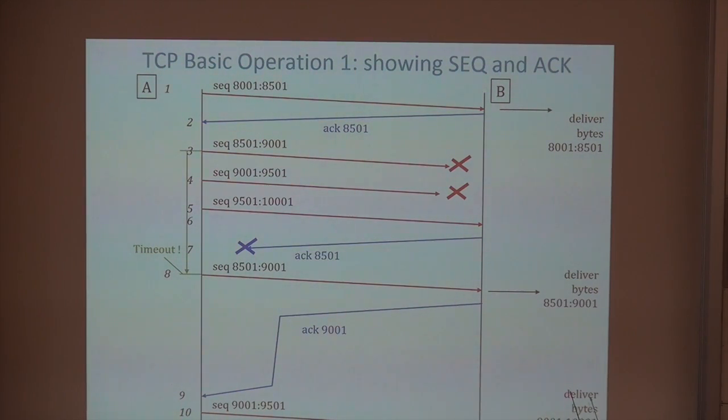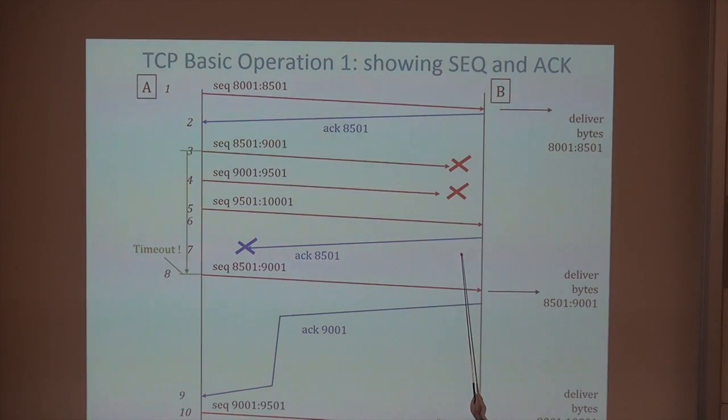This is because we wanted to simplify how to compute the length of a packet: largest sequence number minus smallest sequence number. B receives this, and will send an acknowledgement saying I've received everything up to and including 8,500. The ACK will say I'm expecting, therefore, the next thing to be 8,501.